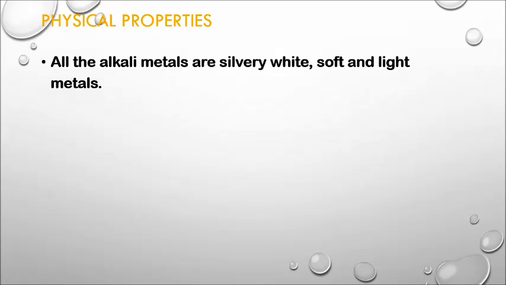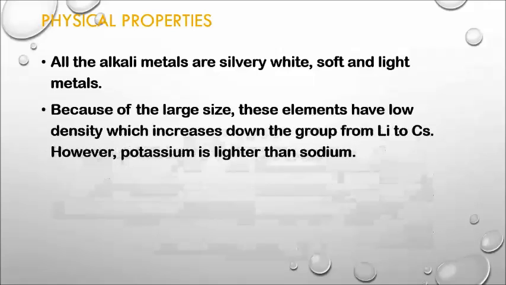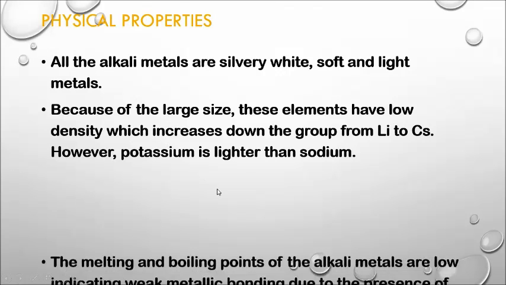Now let's talk about the physical properties of the alkali metals. Usually these alkali metals are silvery white in color. They are soft and light metals. Because of their large size, these elements have low density, which increases down the group from lithium to cesium. But there's an exception, that is, potassium is lighter than sodium.